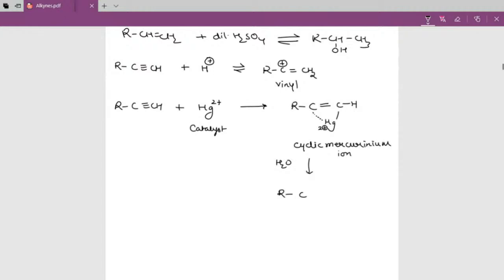When water attacks, as we have discussed yesterday also, it will attack the substituted site.